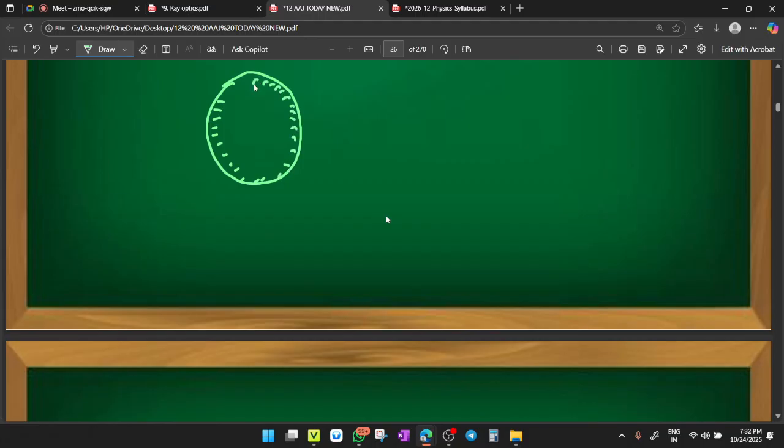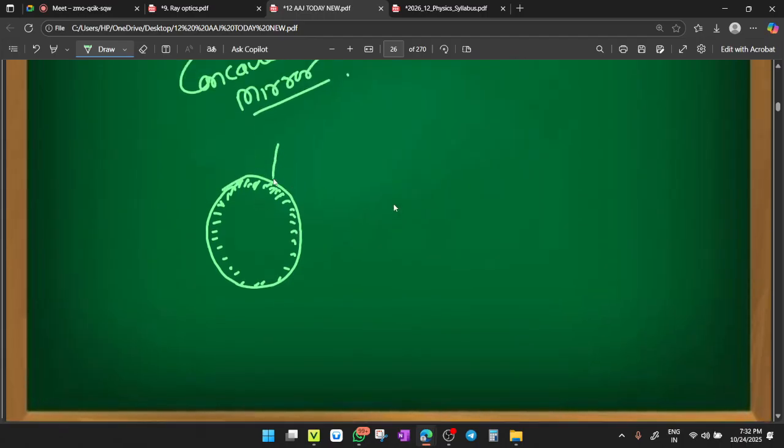If you polish the inside, then your reflecting surface will bulge outward. If you cut this mirror, then you have a structure like this.